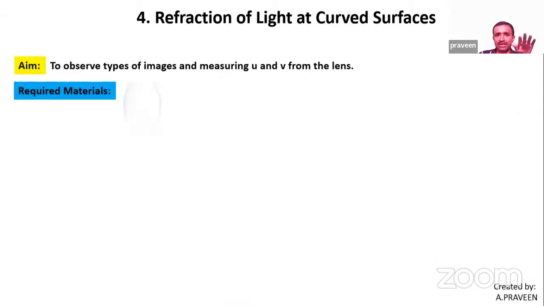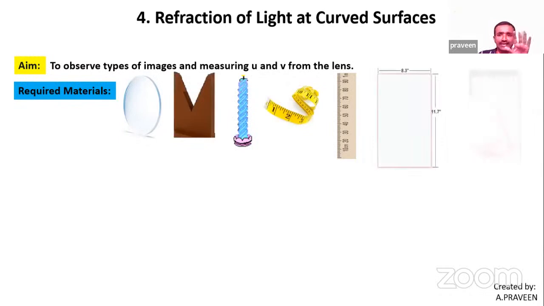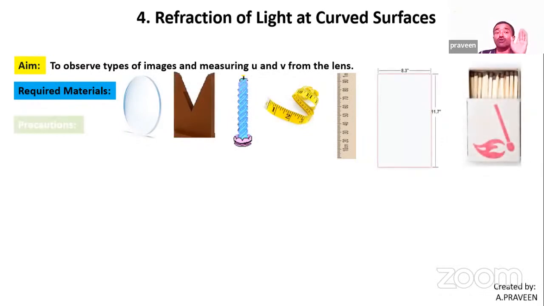So in this lab activity, we are observing the object distance and image distance by taking all these required materials. Then what are the precautions here? Simply, we have to observe the image very clearly. How do we observe the image? Maybe on the screen or maybe on the lens surface.